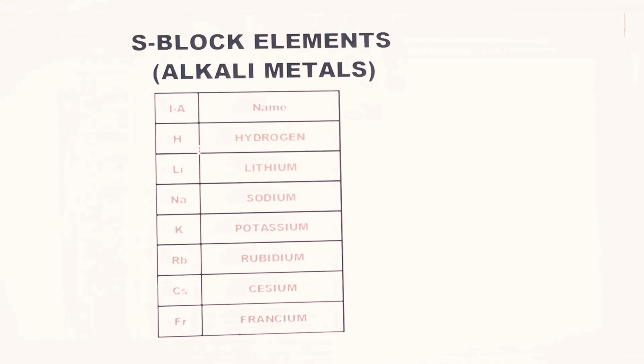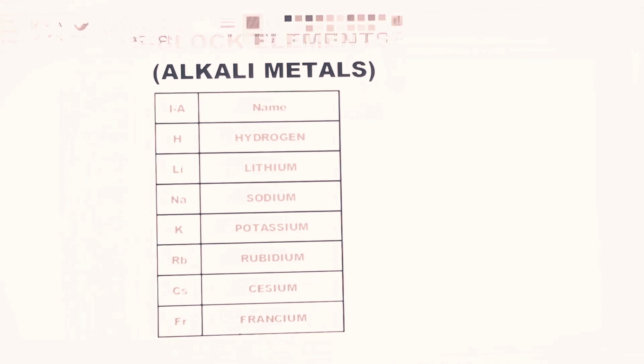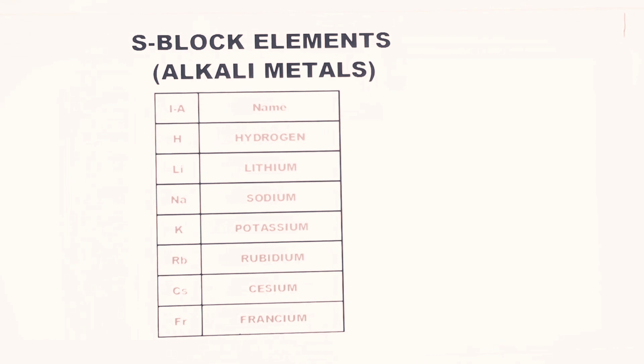In group 1A, these are the elements present: hydrogen, lithium, sodium, potassium, rubidium, cesium and francium. What are the atomic numbers of these elements?